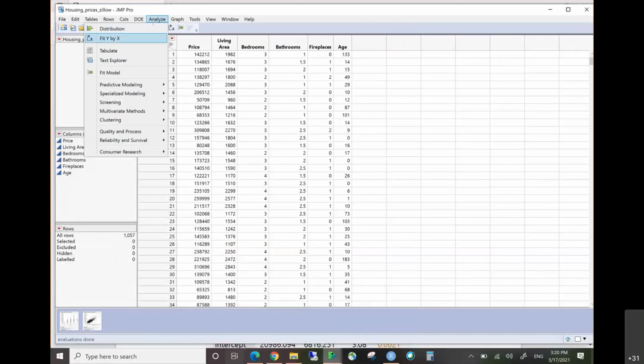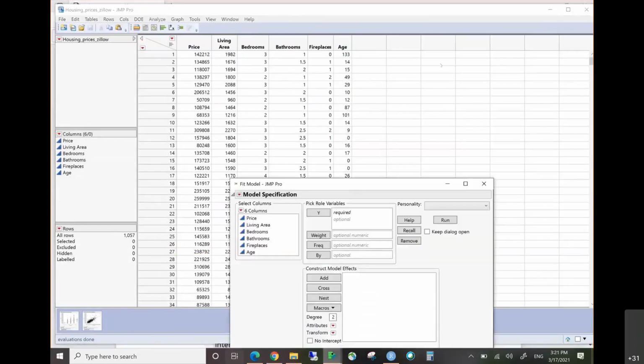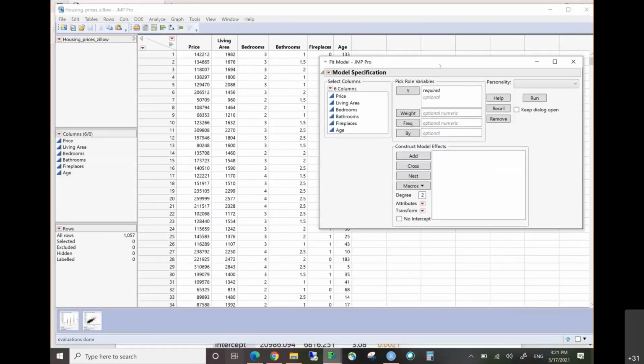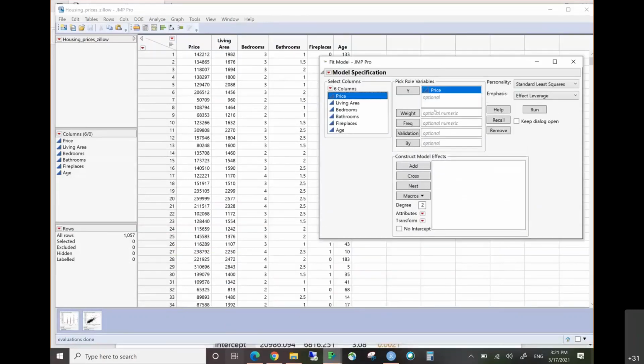Now we cannot use this fit y by x because in this function, we only have one x. But now I want to include both the number of bedrooms and the living area in my regression. Then I need to use fit model. This function will allow us to make a multiple regression. Again, here the house price will be the y.